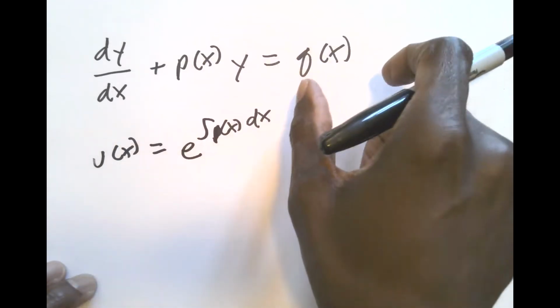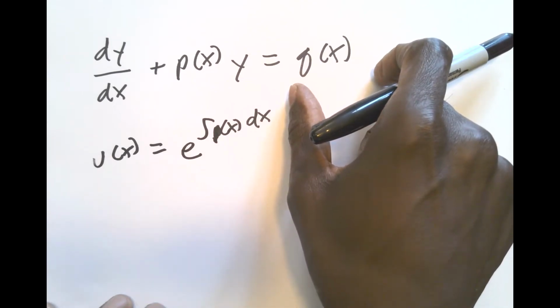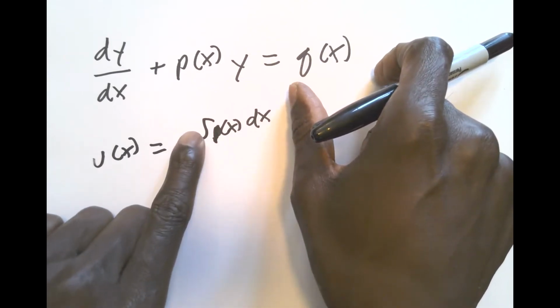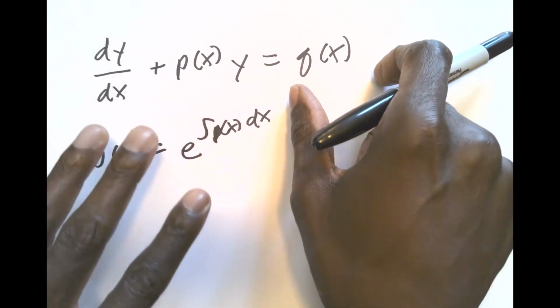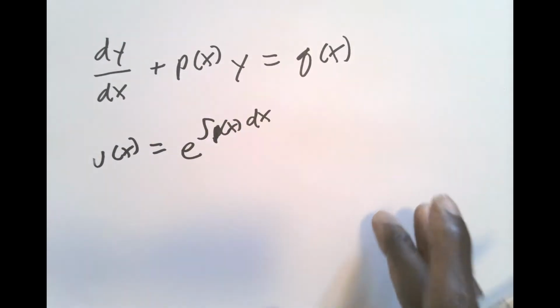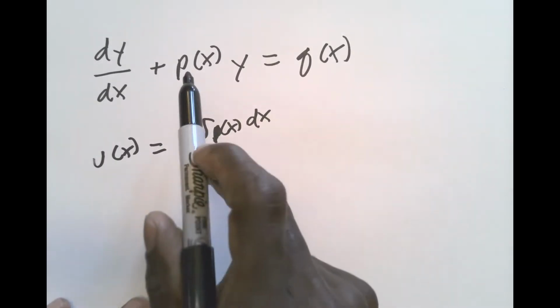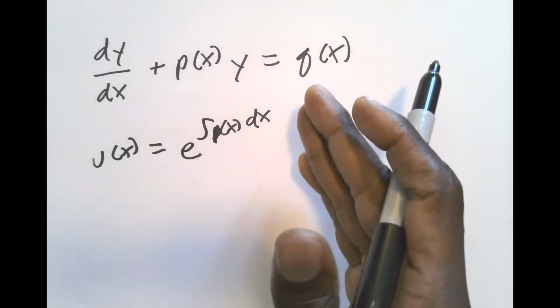If the p(x) y is on that side, then this integrating factor will have a negative sign. So just be careful about the sign. You may see it presented a little differently in some different books. The way I'm presenting it, the signs I'm using are for when the p(x) y term is on the left-hand side of the equal sign.